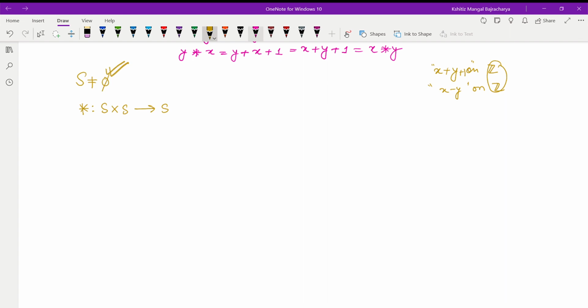Now what do we mean by an algebraic structure?